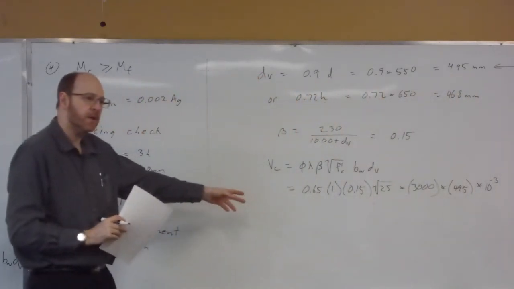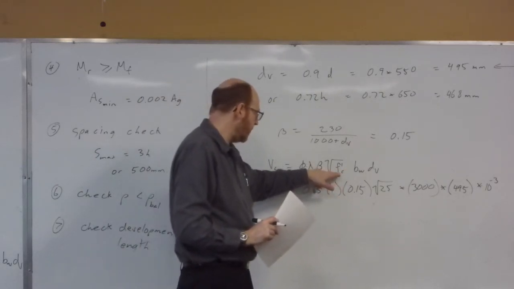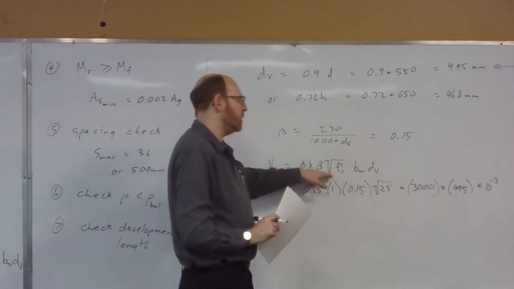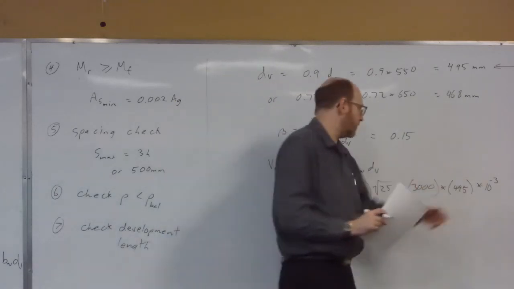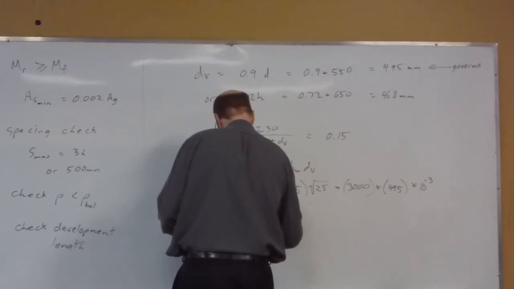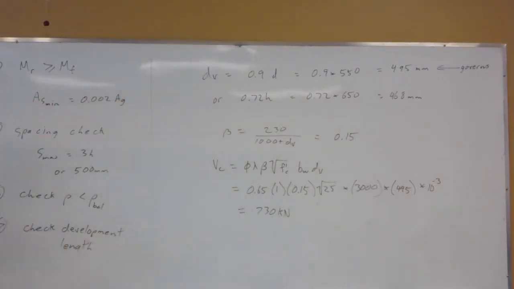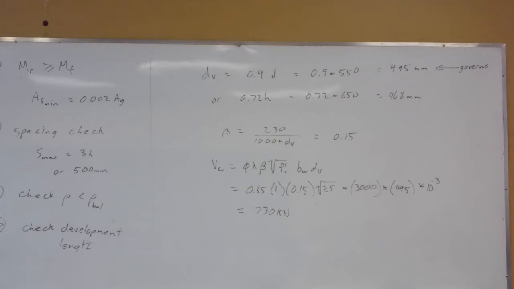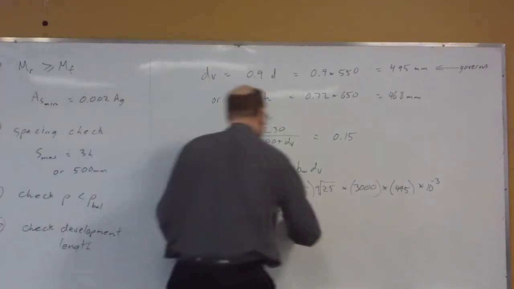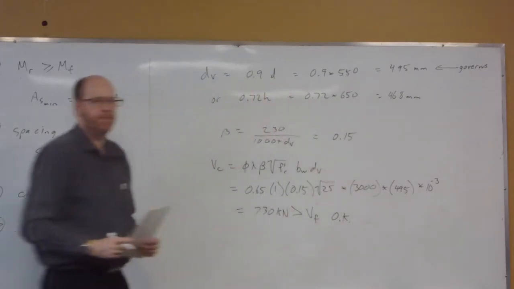Much like our other shear calculations that we did before, I've got f'c in MPa, millimeters and millimeters, so this is coming out in newtons. The 10 to the minus 3 converts that to kilonewtons, and we end up with about 730 kilonewtons. I compare that to my Vf that we calculated here and see that this is bigger than Vf. So okay.